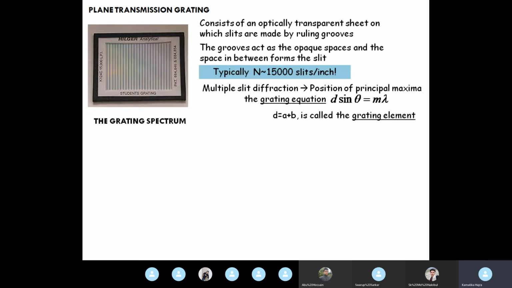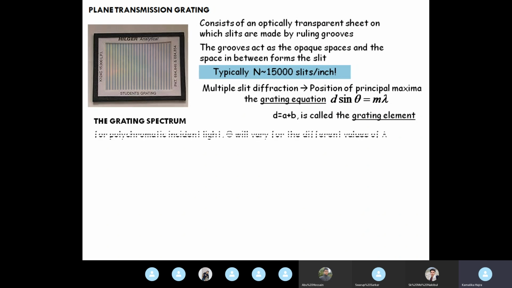We do not use the grating in general for a monochromatic light. We do use it, but the grating is mostly used to see not a single line, but the separation between two lines. So before moving on to that, let us see what a grating spectrum is and why we at all discuss a grating spectrum.